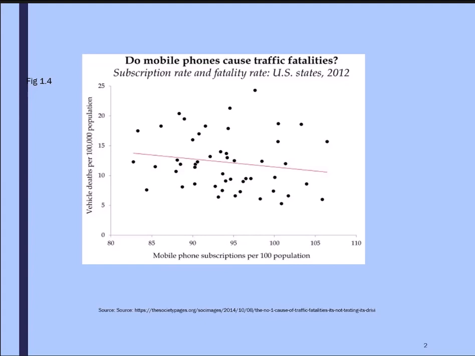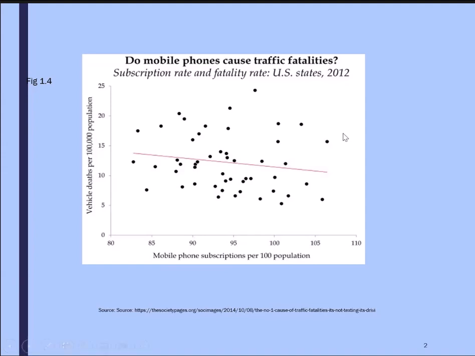For example, this slide shows nearly a zero correlation between the number of cell phone subscriptions and vehicle deaths. As we can see, the dots on the graph are very much scattered and they're not close to each other, so it might appear that there's zero correlation between the number of cell phone subscriptions and vehicle deaths.